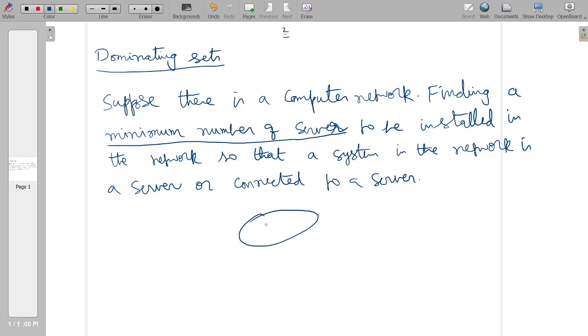Say as an example here, if you have a server that gets connected to various nodes. So in this case, you have a computer network and there is a certain connection between the systems. Now you have to identify which of the systems has to act as a server.